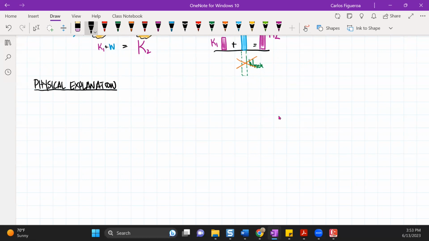So the way you want to do this is to visualize a moving piston head that collides with a gas particle.